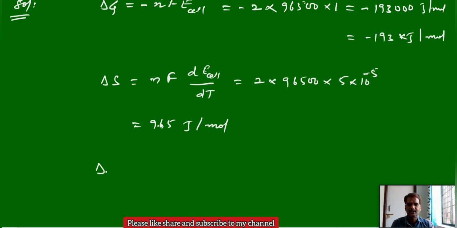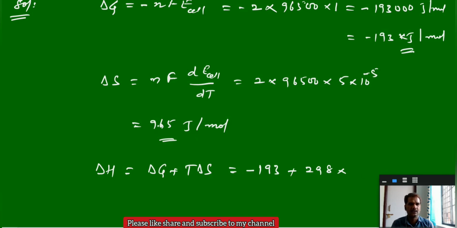Now delta H. Here you can use the normal thermodynamics relation or the cell value. Anyhow, we know delta G and delta S. You can substitute these values in the formula delta H equals delta G plus T delta S. That means, in terms of kilojoules, this is minus 193 kilojoules plus temperature 298 Kelvin into delta S. Here delta G was taken in kilojoules, so delta S should also be taken in kilojoules.